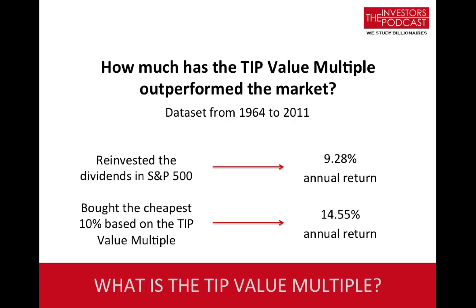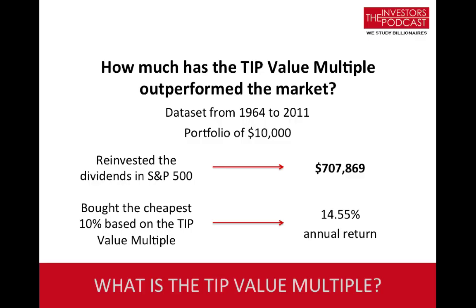So how much of a difference is that really? Well, if you had a portfolio of $10,000 and invested that in the market January 1st, 1964, and compounded that until December 31st, 2011, your portfolio would have grown to nothing less than $700,869. Not bad at all, right?